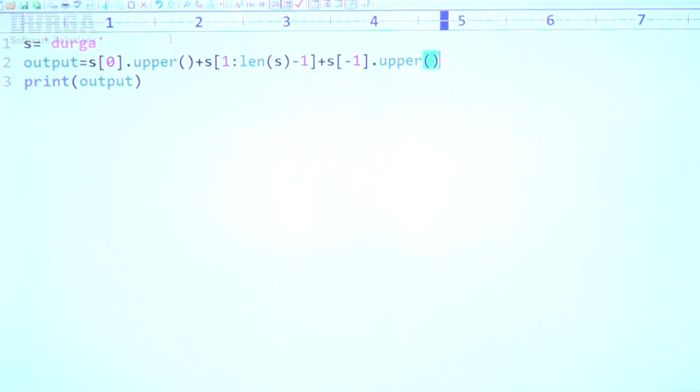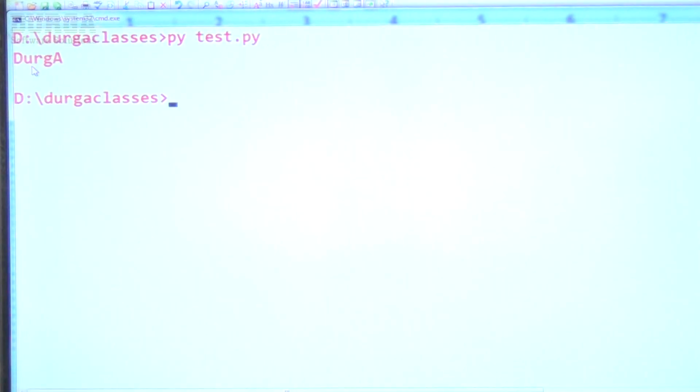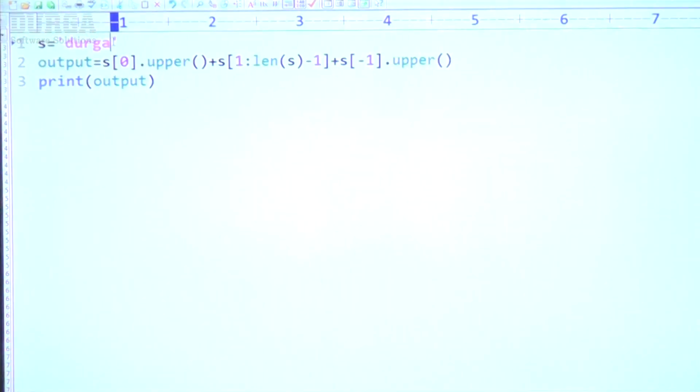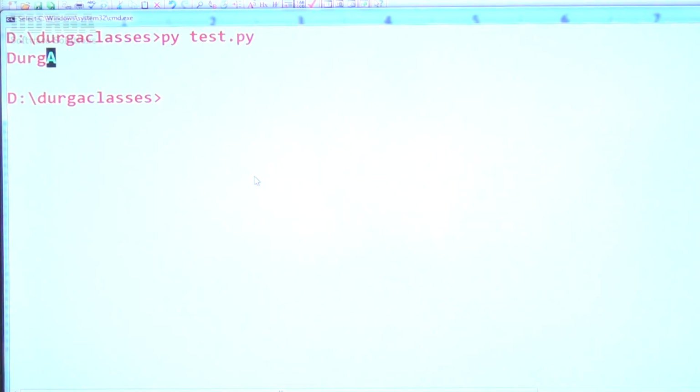Now observe, let me consider. The first character is in uppercase, the last character is in uppercase. Suppose it need not be Durga, sir. It may be durgasoft. Now have a look once. First character uppercase, last character uppercase, right?